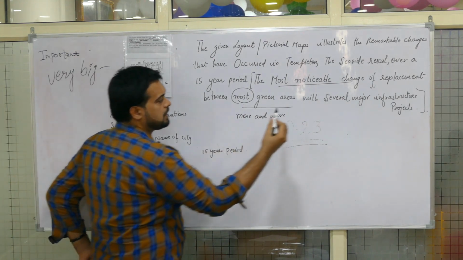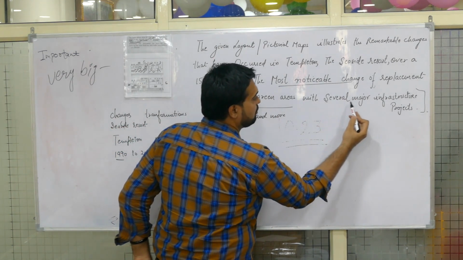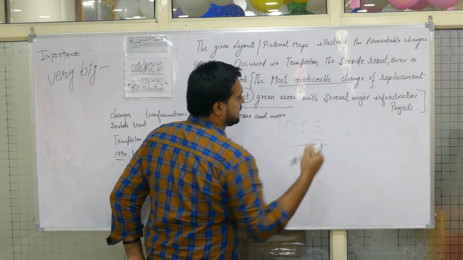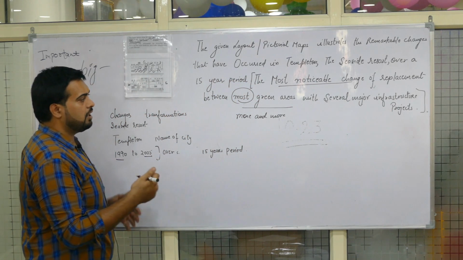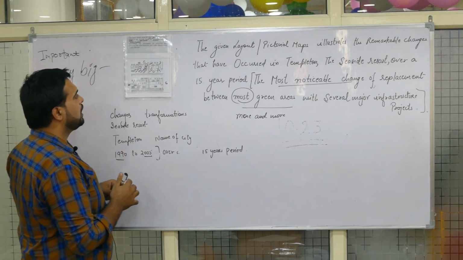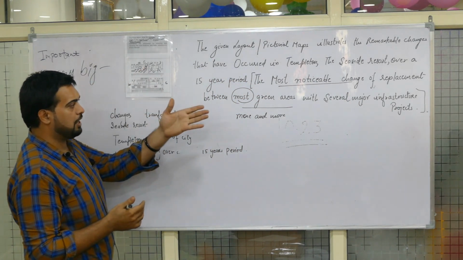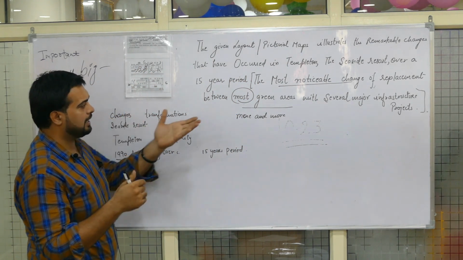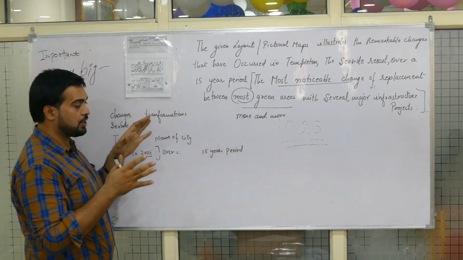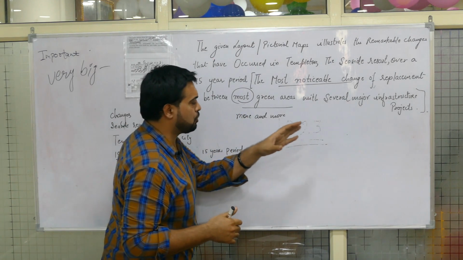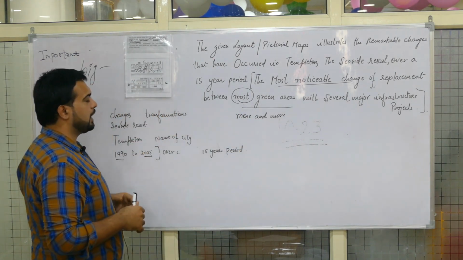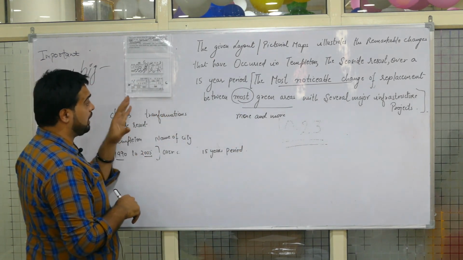So it all comes under the category of several major infrastructural projects. Several obviously is a number of things. Major, it's quite a huge project. Infrastructure is about the construction, and projects means the particular things that we have seen in the given diagram.